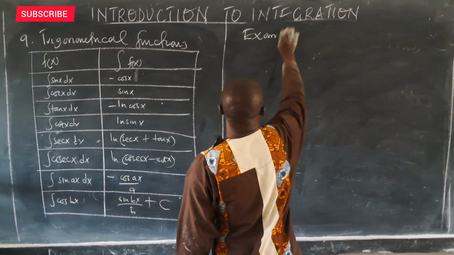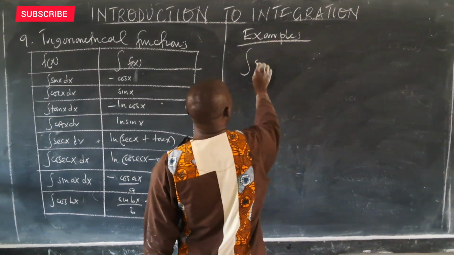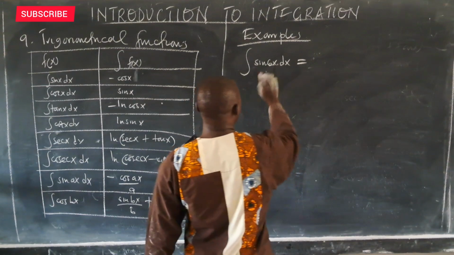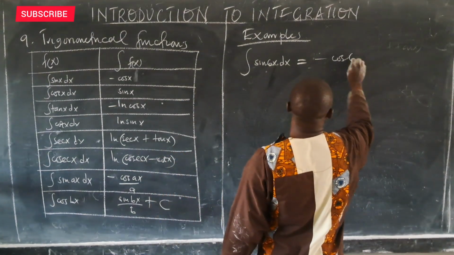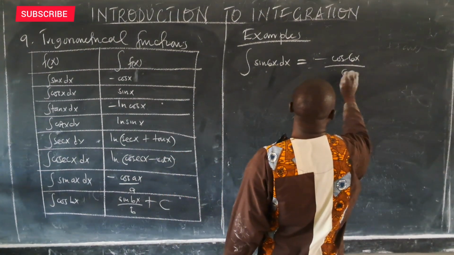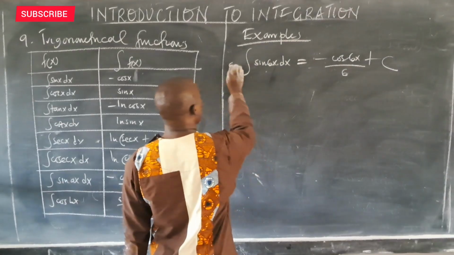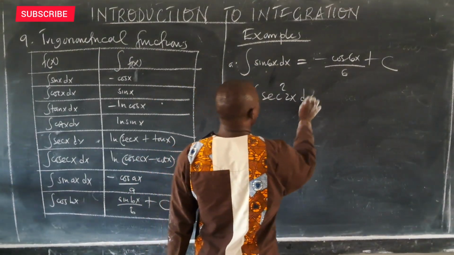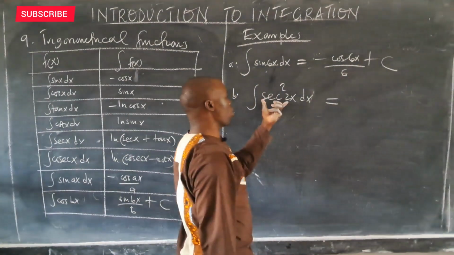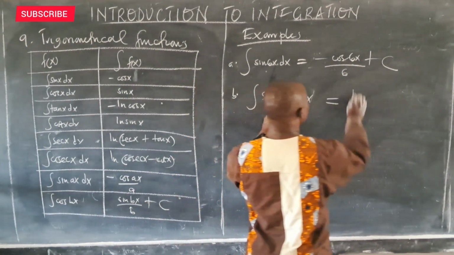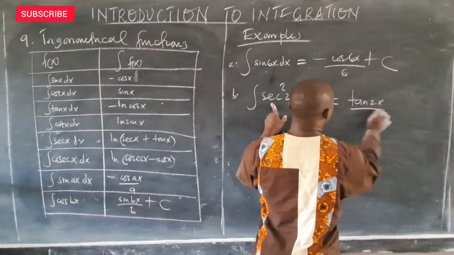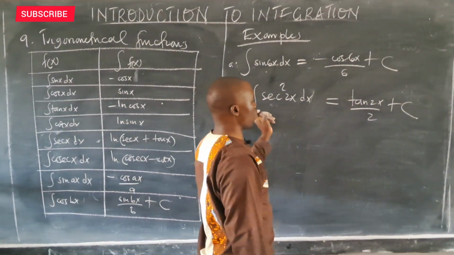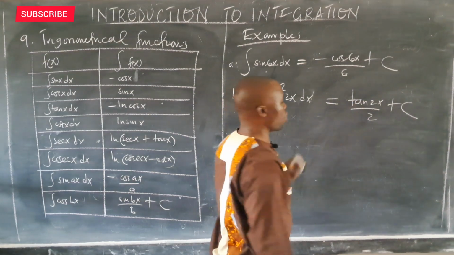Two examples are enough. Assuming you're integrating sine 6x dx here. So the integral of sine is negative cos 6x, the derivative of this is 6, divided by it, plus c. Let's say you're integrating sec squared 2x dx here. So the integral of sec squared is tan 2x out of 2, because when you differentiate tan, you get sec squared, but the derivative of the angle is 2, so divide by 2.